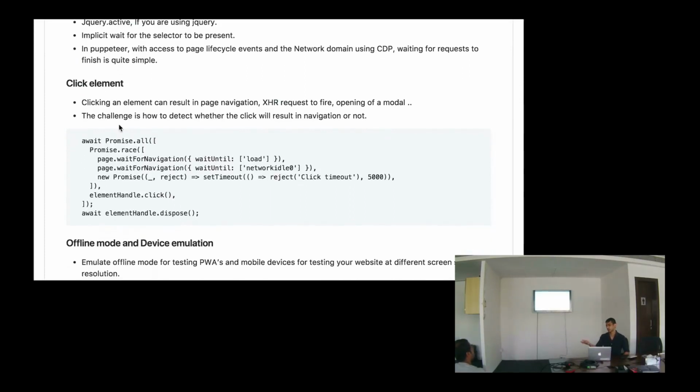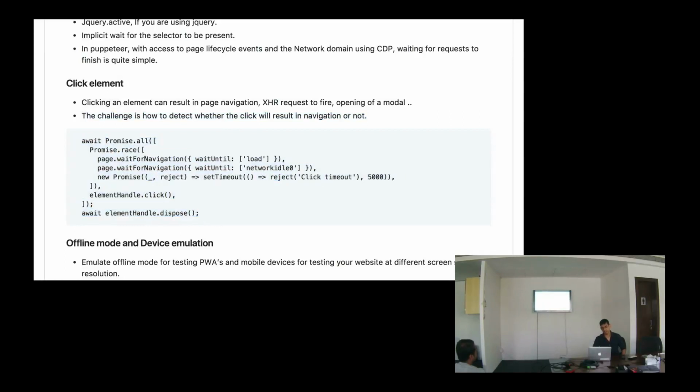So clicking is the same. You click an element. How do you know whether the page has navigated away? Whether it's a navigation or not, it can open a modal, it can fire an extra request. So the challenge is really to detect whether the click will even result in a navigation or not. This is the code that we use in Puppeteer.